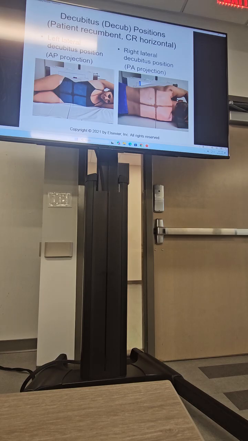In this case, the patient is recumbent, so might be in any position, but the X-ray beam is parallel to the floor. The term for these two factors is decubitus.